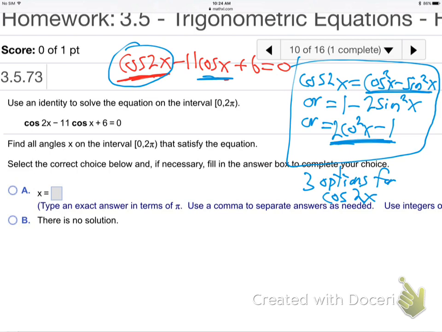See how the bottom one's the best one for me in this situation? Because my other piece is a cosine piece. So I'd rather just get everything in terms of cosine. So that's what I'm going to do. Replace cosine 2x with 2 cosine squared minus 1. And then bring down the 11 cosine x plus 6 is 0. Everybody see that?